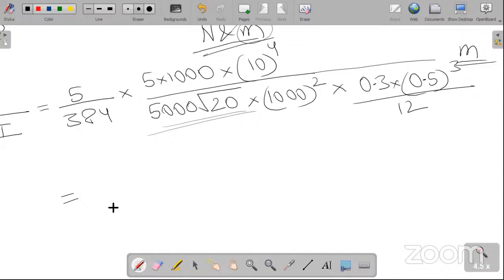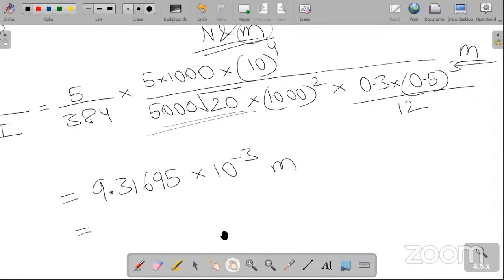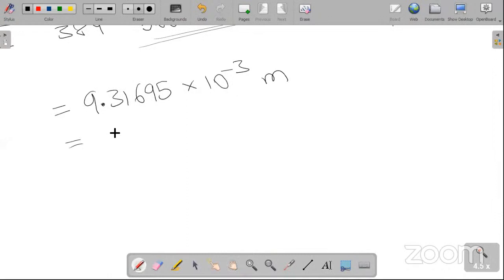Okay, this is what I'm getting: 9.31695, into 10 to the power minus 3 meter. Let me know if I am incorrect. If I convert this into millimeters, I'll get 9.31695 millimeters.